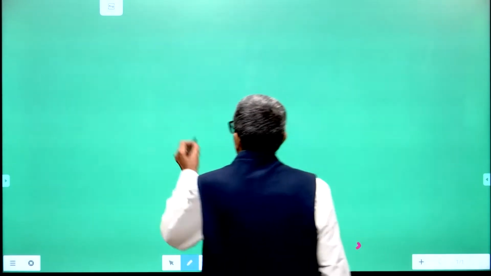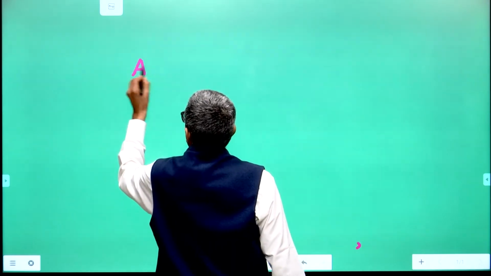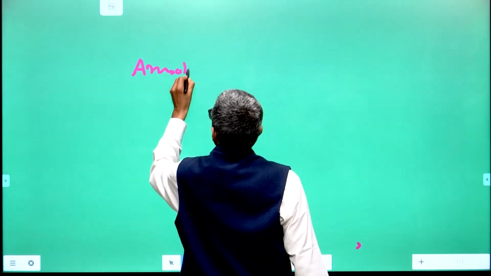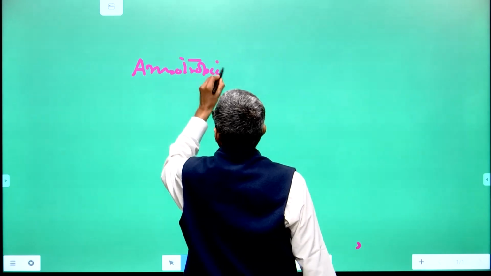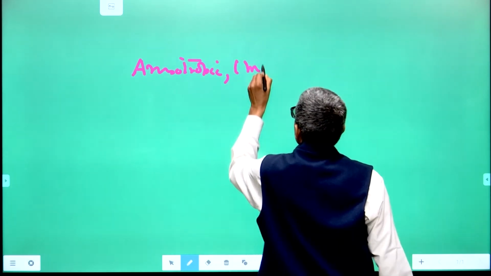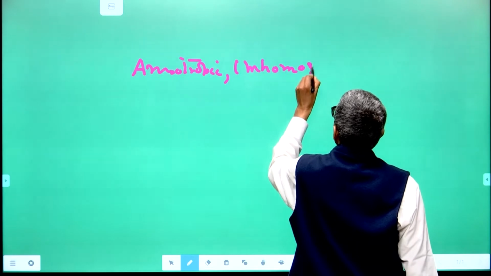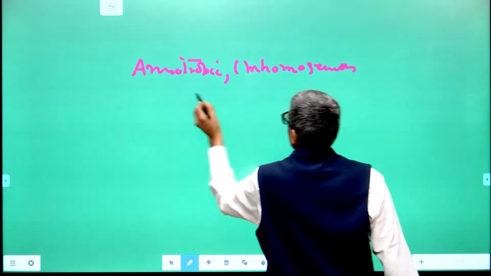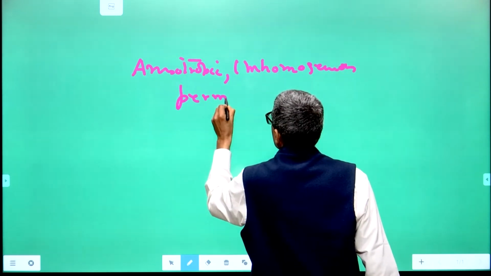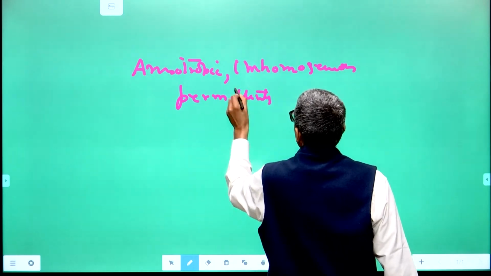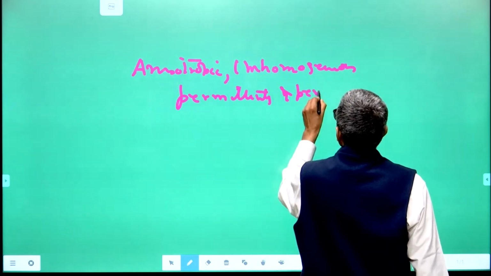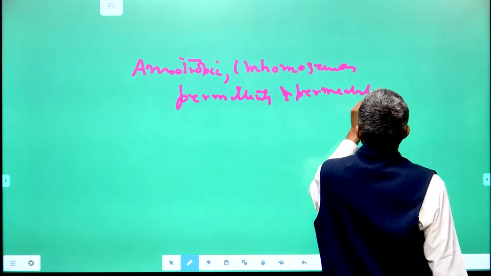So, here you have an anisotropic and inhomogeneous permittivity and permeability tensor.